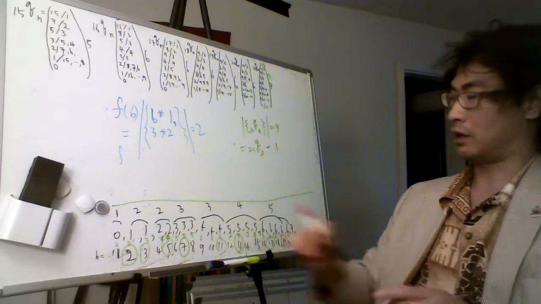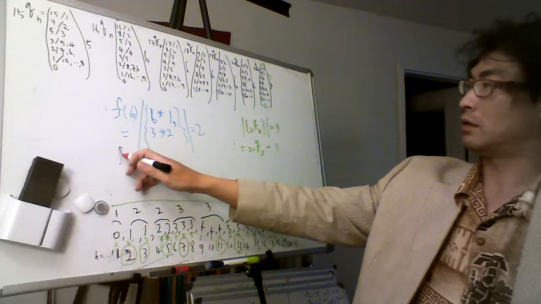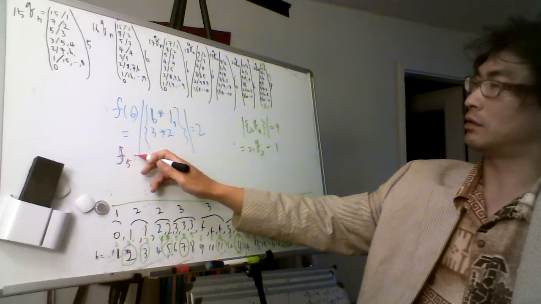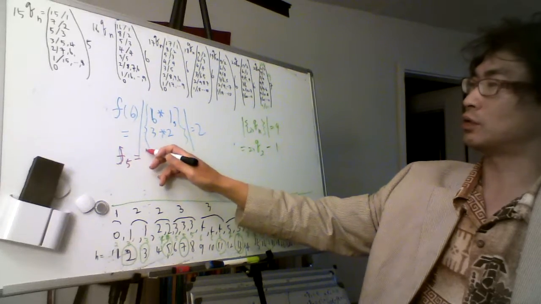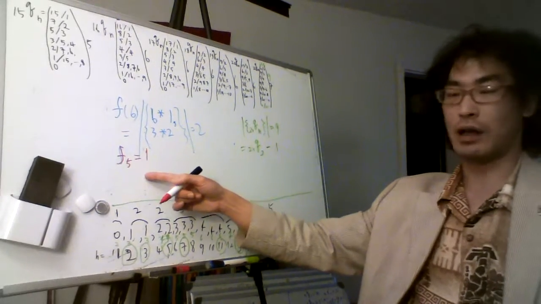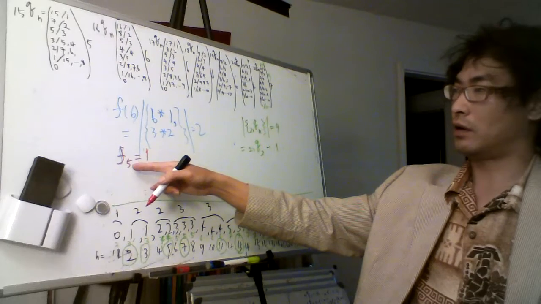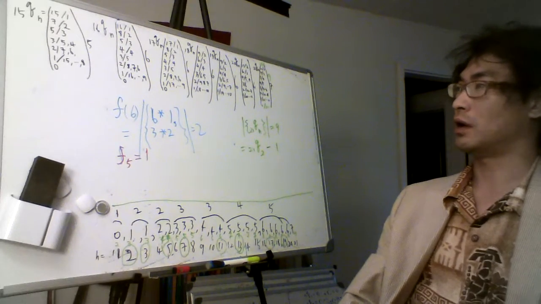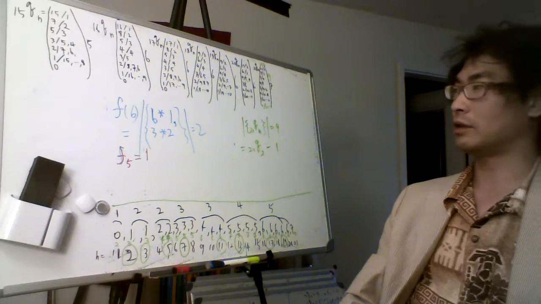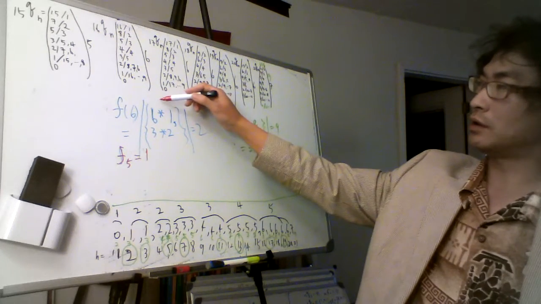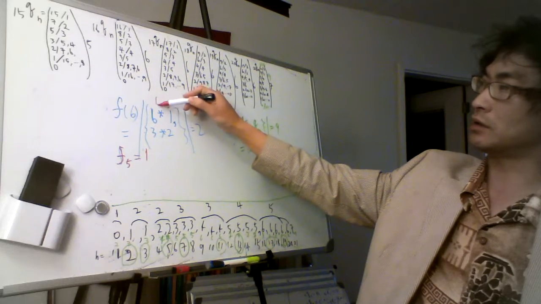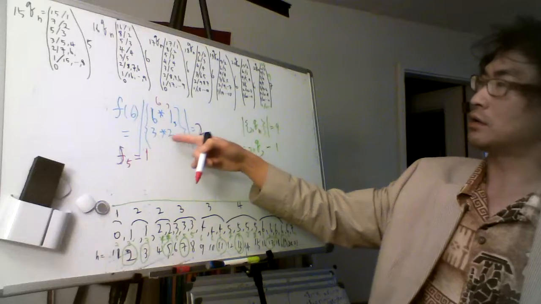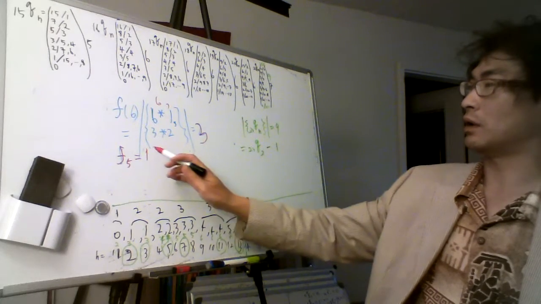Why don't I use red? F5. 5 times 1 is 1. So for any prime number, the factor number is always 1, because there's only one way to express it. Well, not really. Actually, this can also be expressed as 6. So actually it's 3. 6 times 1, 3 times 2.